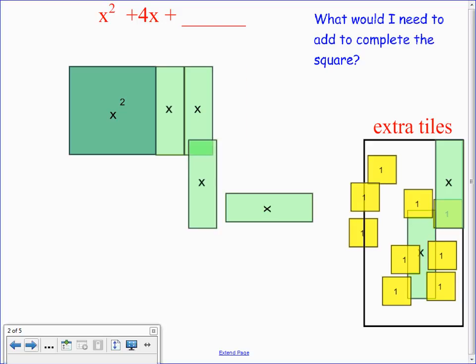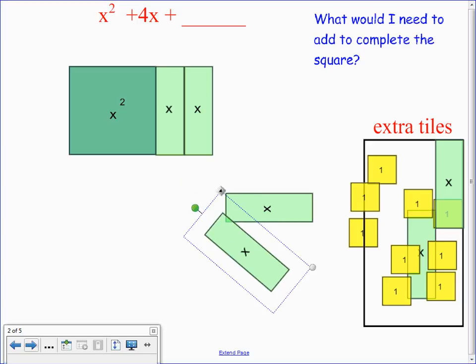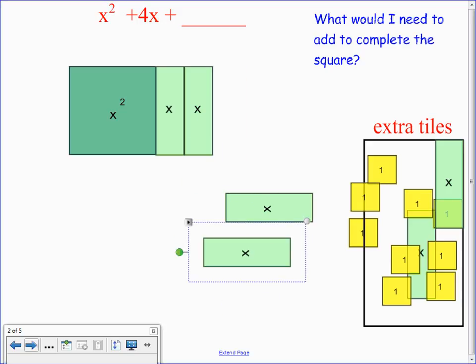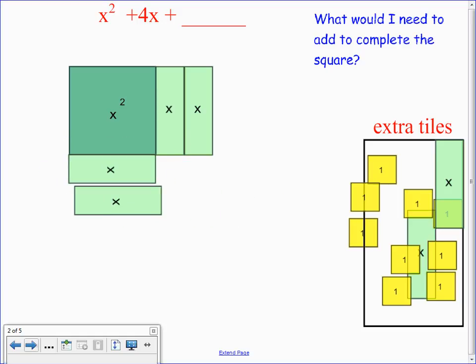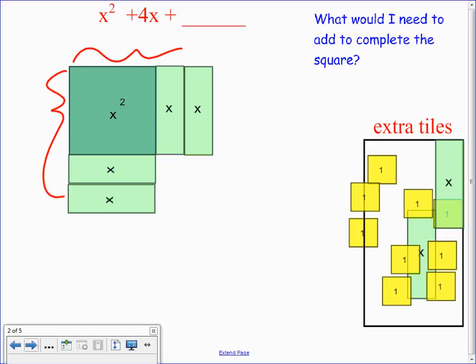So I think I'm going to grab this x tile here and maybe turn them this way. And if I put two x's down the side here, just like I put two x's this way, I'm maintaining the same length and width, creating the outline of what could be a square if I filled in this part of my picture.